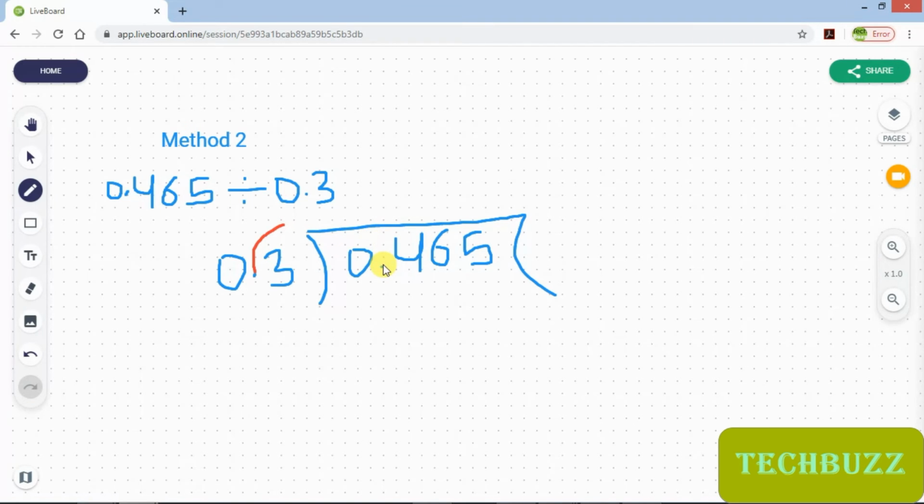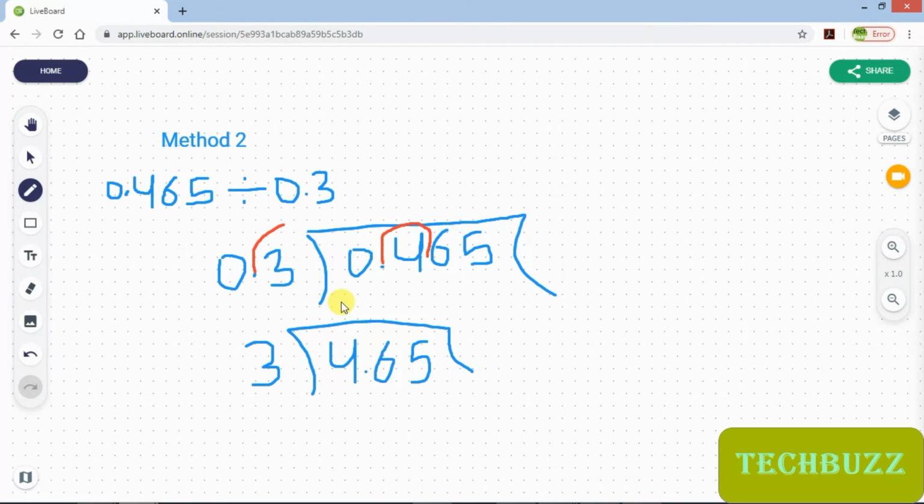The decimal will move one place towards its right hand side, so the decimal will come here. So now the question has changed in this way: 4.65 is divided by 3. Now this has been converted into case number 1. Now you will divide it in the same way as you did in case number 1.